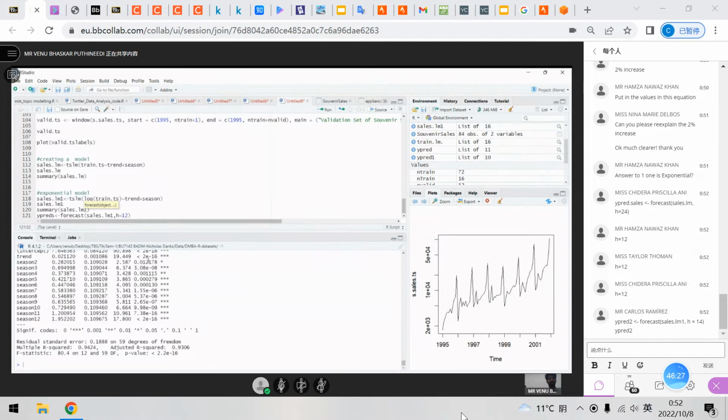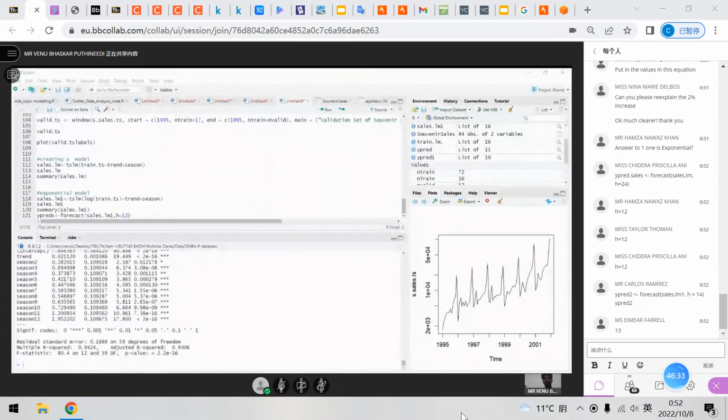So what should be the value of h? 14, right? It's 14 because if we use 12, we get from 2001 January to 2001 December. But if you want to get for next February, we have to get from 2001 January to 2002 February. That is 14 months, right? So the value of h should be 14.